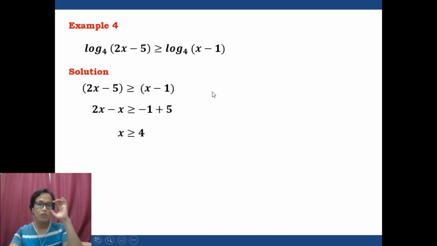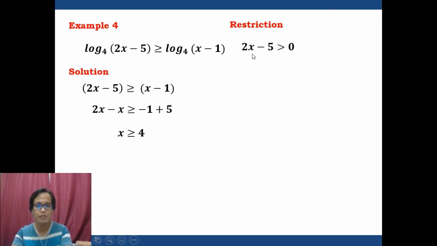For the restrictions, 2x minus 5 should be greater than 0, and at the same time x minus 1 should also be greater than 0. Let us have first the first restriction. 2x minus 5 should be greater than 0. By the addition property, this becomes 2x is greater than 5, and divide both sides by 2.